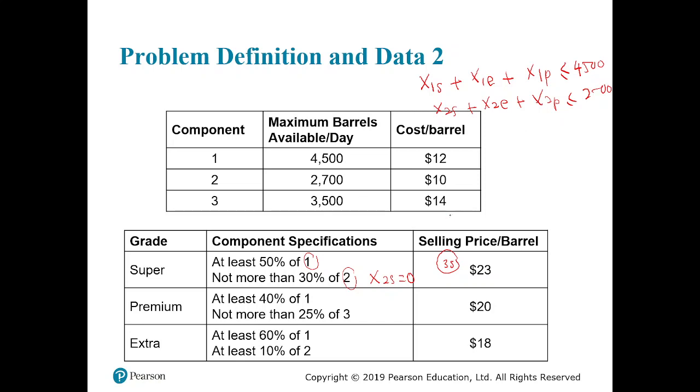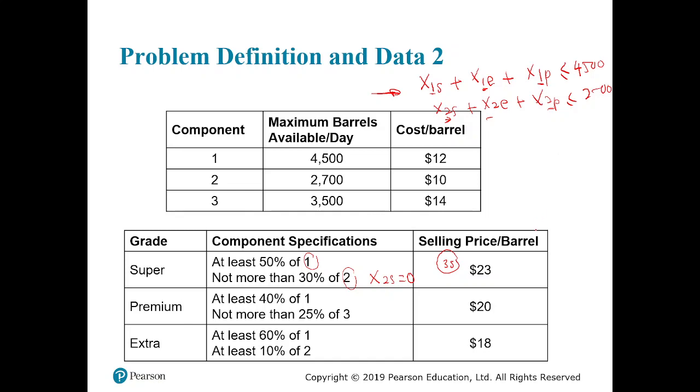And the same thing for the third component. As you can see, in the first equation we have all the ones because we are talking about component number one, and in the second equation we are talking about component number two. So we have already satisfied this constraint, which is the maximum availability of each of the components.